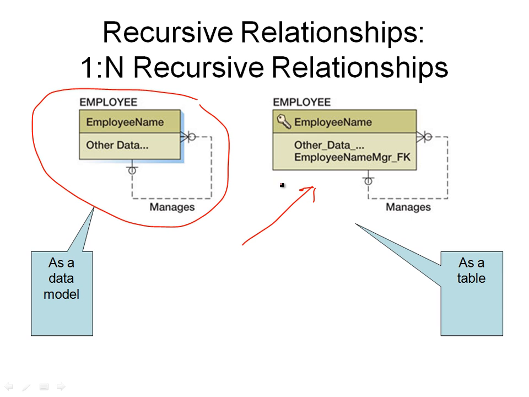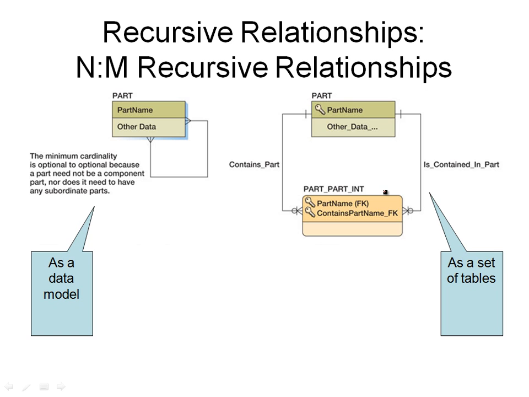As you can see, we don't have a lot of change between the model and the design, except that we have to identify the primary key, add a foreign key so we can connect, and then you will have the relationship which will be almost the same, or it is the same. Then we have the many-to-many recursive relationship.